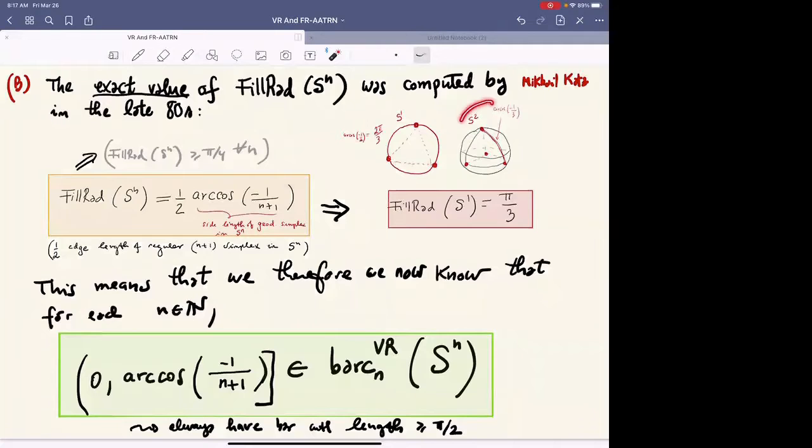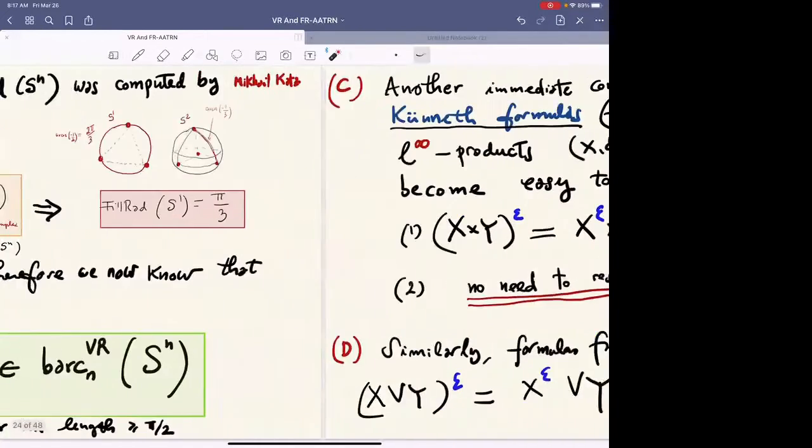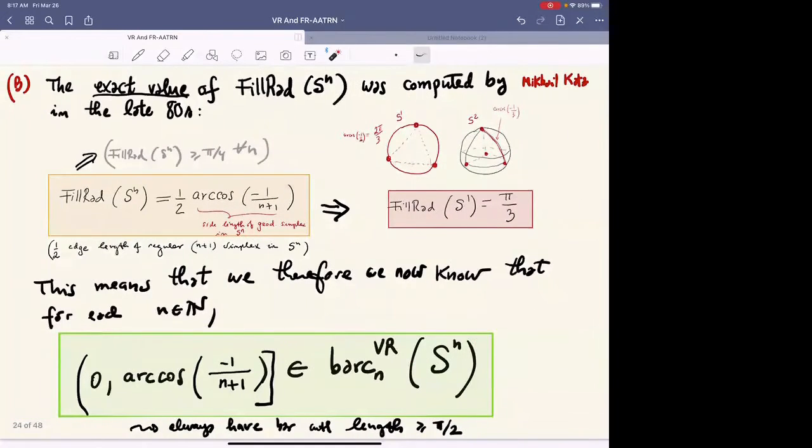Then for S2, well, the number is going to be more complicated. I don't have an easy expression for arccosine of -1/3, but that gives you an idea of what's happening with this new bar. And it's also useful to know that all the bars have length at least pi over 2, which follows by looking at that expression.